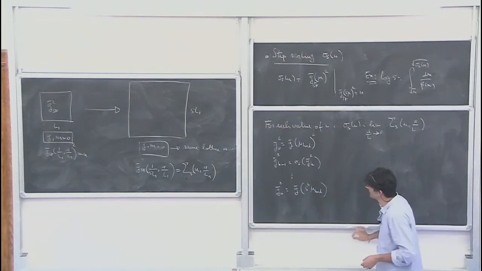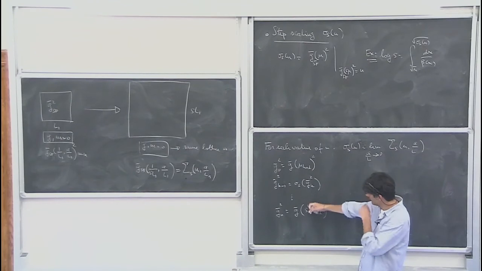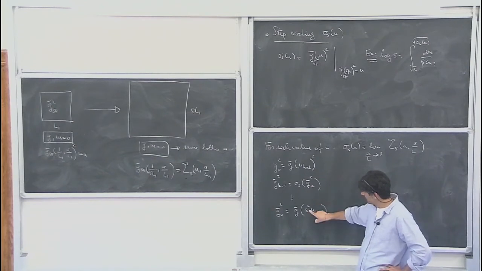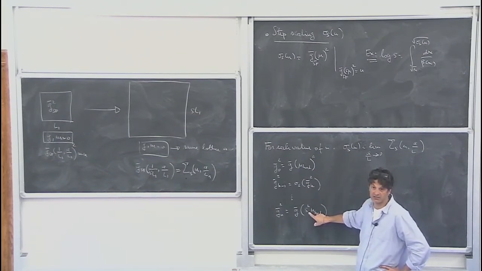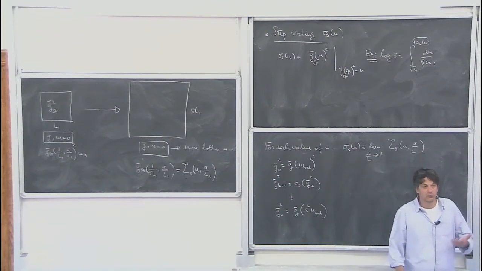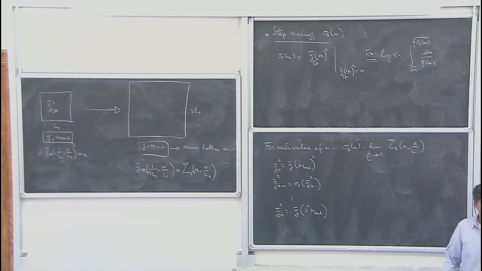Now you see, this is very powerful, okay? Because at every step you increase the scale by a factor of s. Okay? So if s is 2 and you do 10 steps of step scaling, you have done quite a lot of running. Okay?